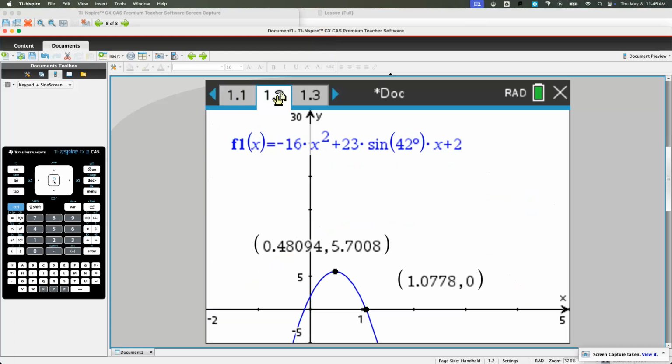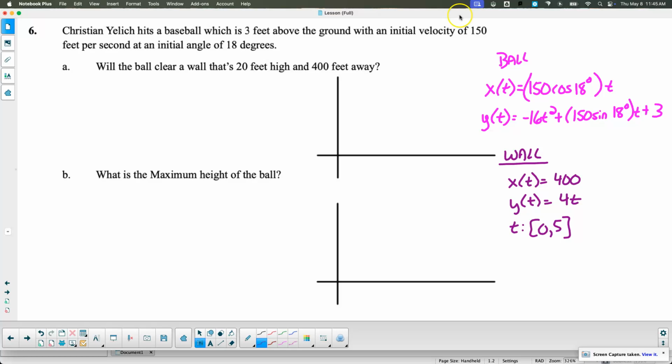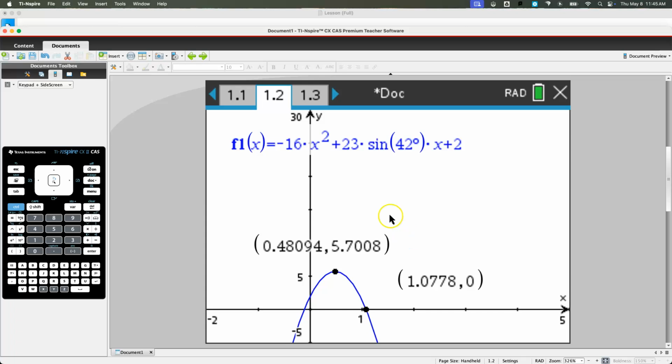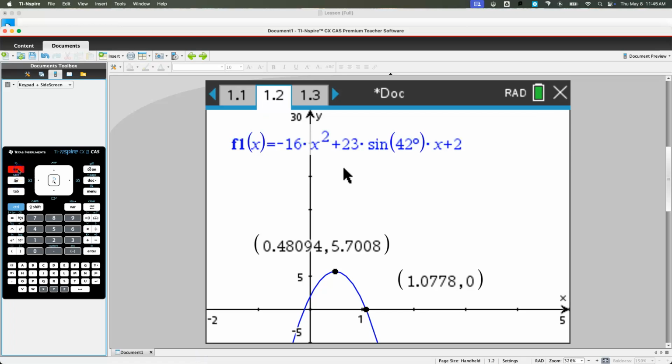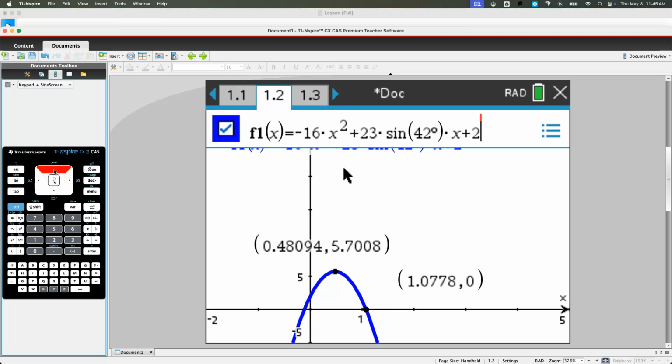Next question that was asked was, what is the maximum height of the ball? So now we're going to go into this one. Tab, and we're going to go negative 16x squared, but we're going to go here now. This is going to be 150.